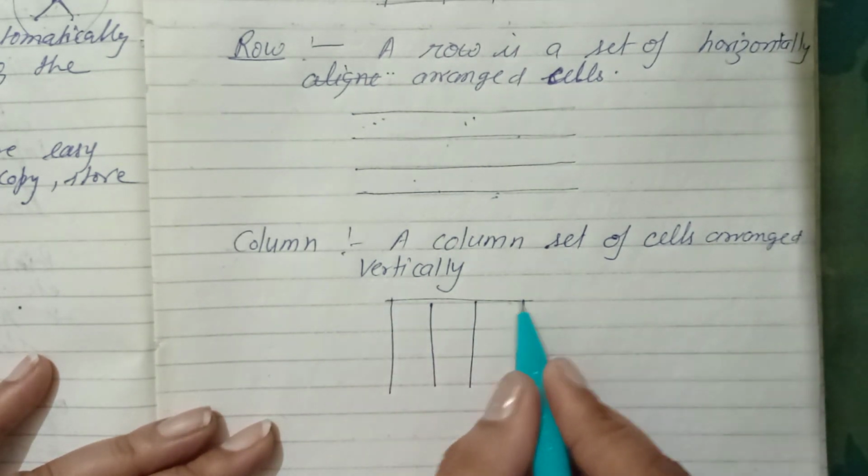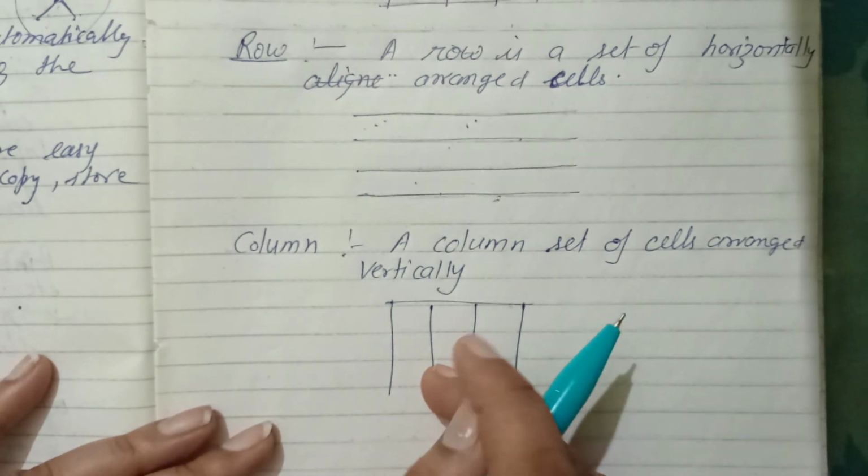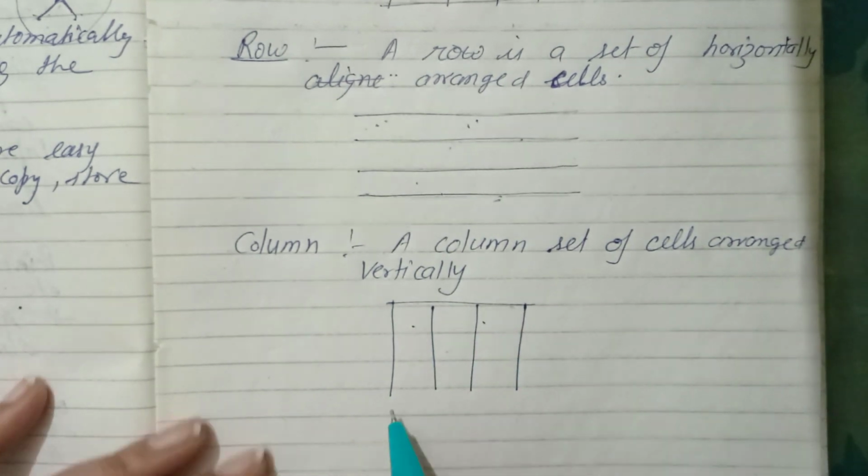Vertically arranged cells are called what? Column. These are the columns.